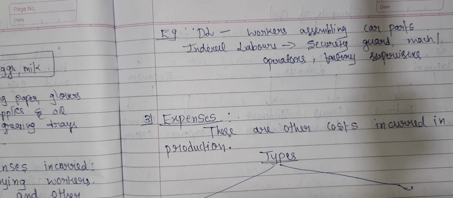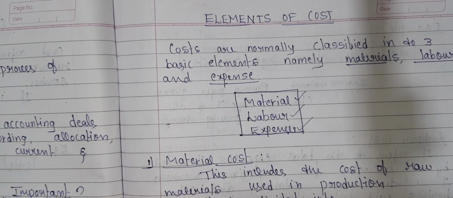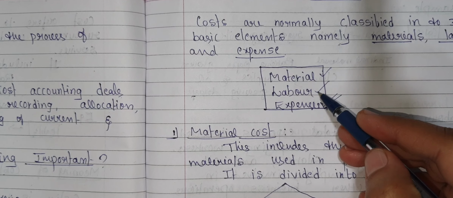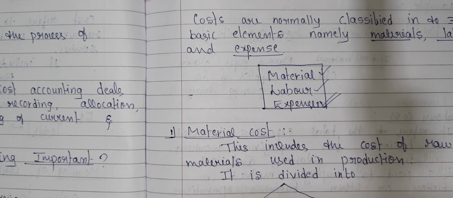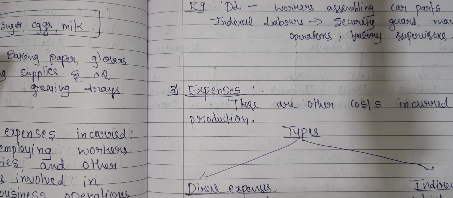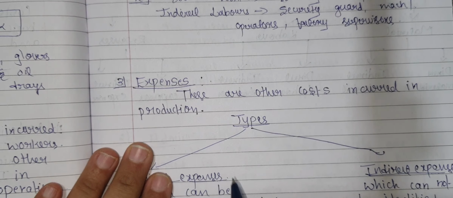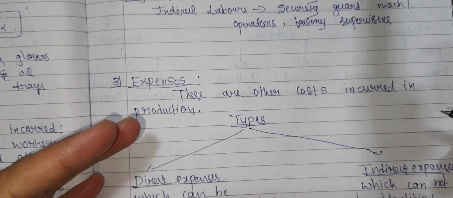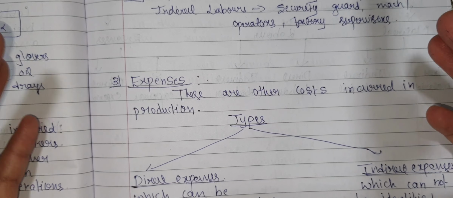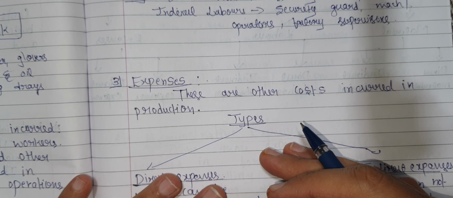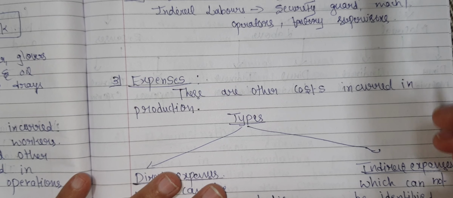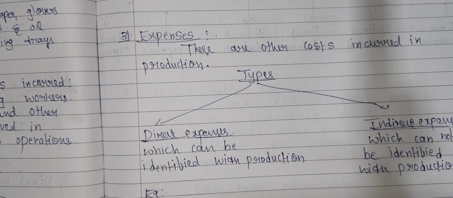Now the third element of cost is expenses. First one is material, second one is labor, and third one is expenses. Expenses are very simple. These are the other costs incurred in production, other than material and labor cost. The remaining costs incurred in production are called expenses.